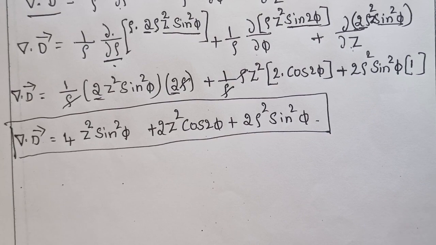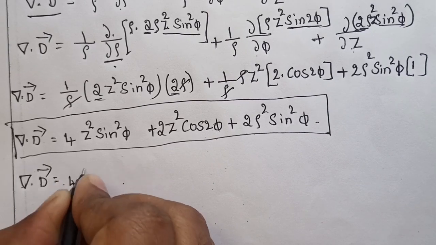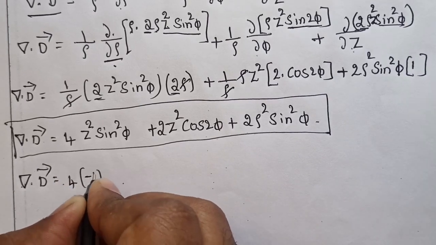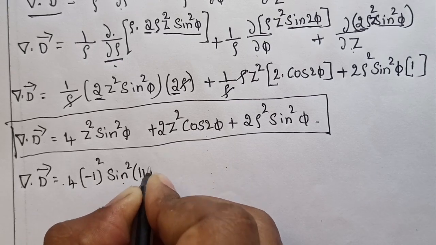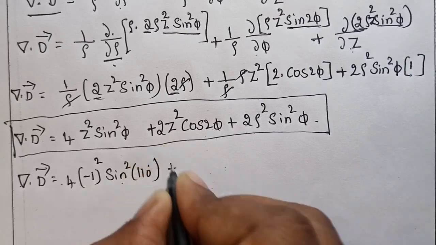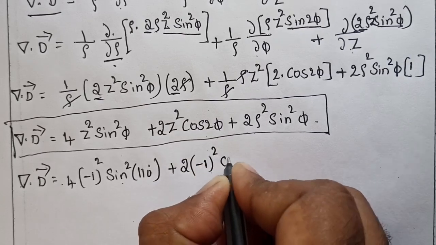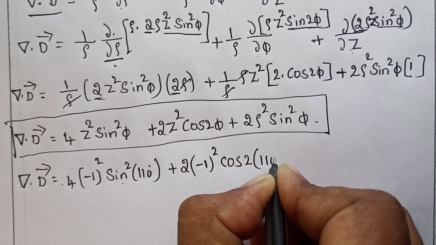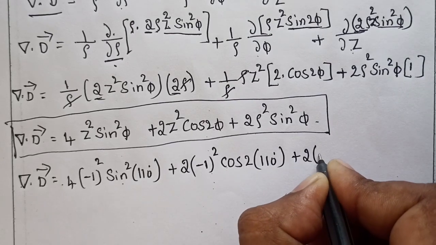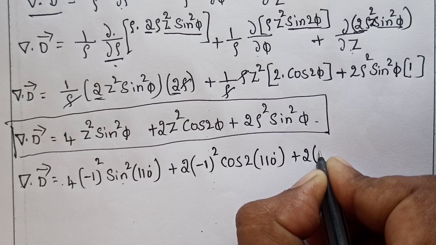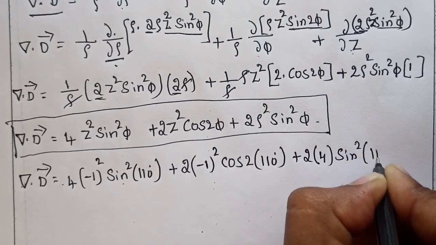Therefore, the above equation can be modified as del dot D equals 4 into minus 1 square sine square of 110 degrees, plus, similarly, the second term 2 into z value minus 1 into cos of 2 into phi value 110 degrees, plus the third term, 2 into rho given as 2, therefore 2 square is 4, into sine square of 110 degrees.